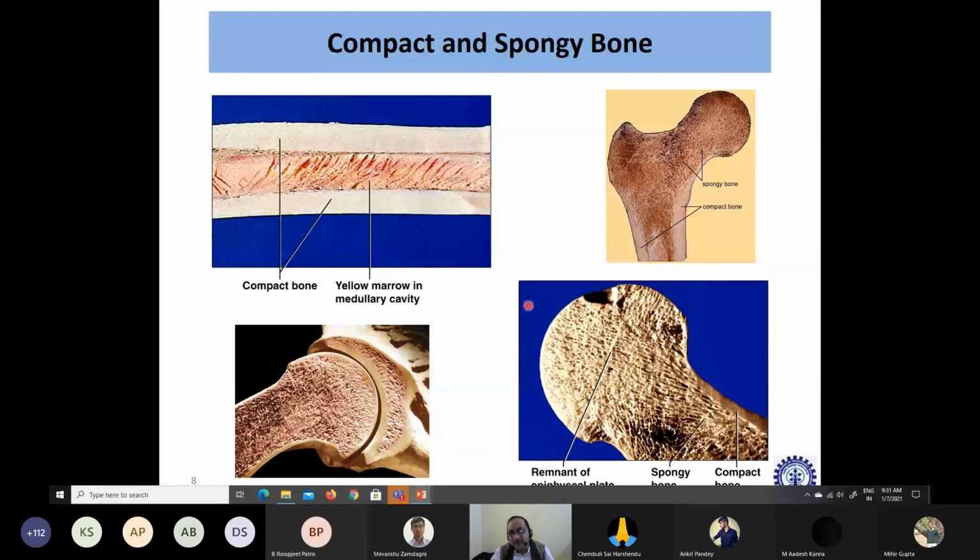Of course, compact bone is compact by definition, so it has very few pores. It is mostly dense, hard, and high strength, and in most cases, not all, it covers the cancellous bone stock.